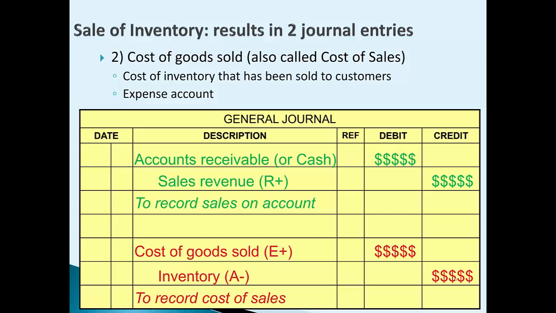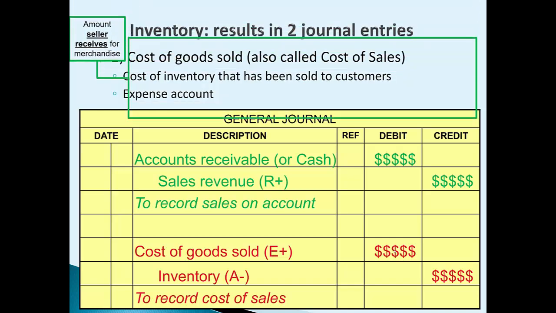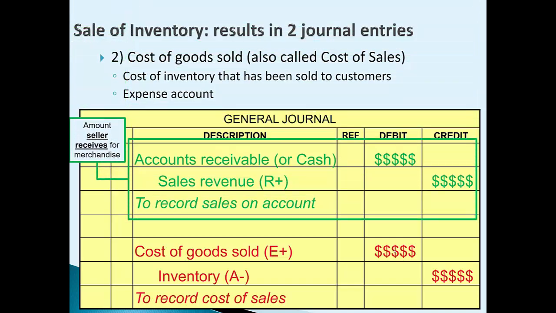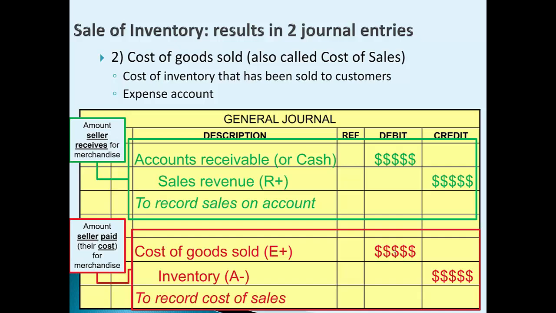So inventory on our balance sheet is being lowered, and then on our income statement, this expense called COGS, cost of goods sold, is increasing. So remember, the first of the two transactions is the amount the seller receives for the merchandise from the customer. And the second transaction is the amount the seller paid. In other words, it's the cost of the merchandise to the seller.